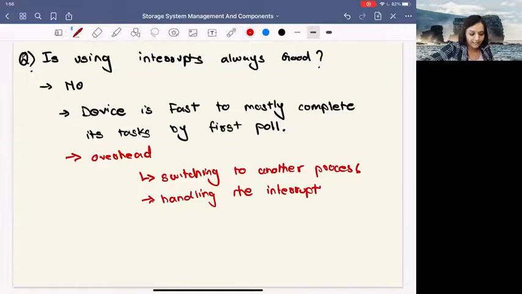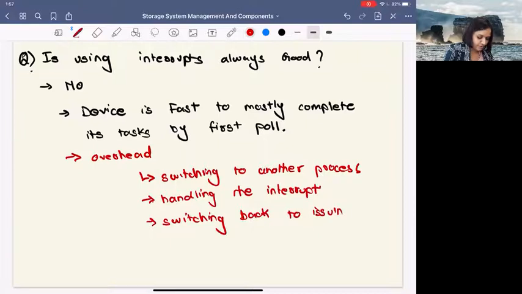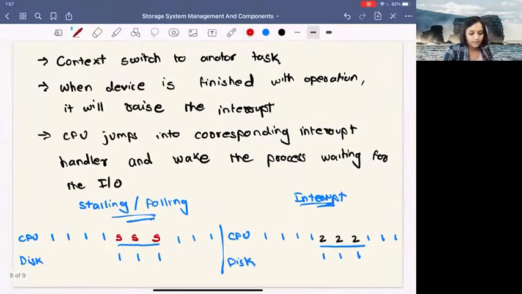So that is the overhead of handling the interrupt, and we have the overhead of switching back to the issuing process. Because we know that once the device is done, the CPU returns back to that process.